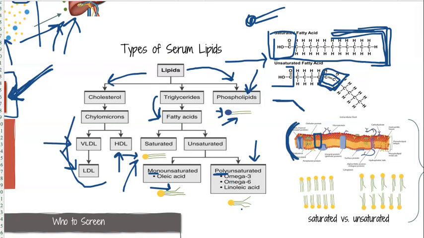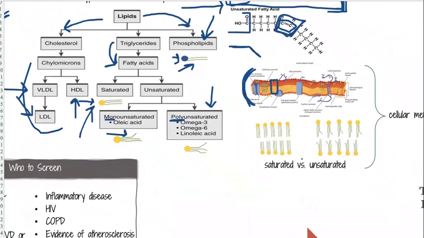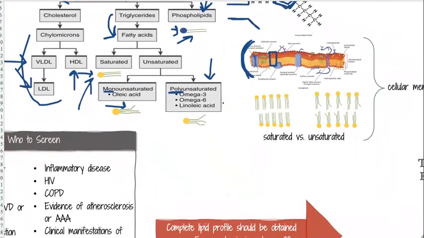Why does that matter? Right? The reason it matters is because these triglycerides also make up part of your cell membrane. Okay, so if you look down at this drawing I made here, at the saturated side, if this is your cell membrane right here, and all of the triglycerides forming part of the cellular membrane are saturated, they're tightly packed together.